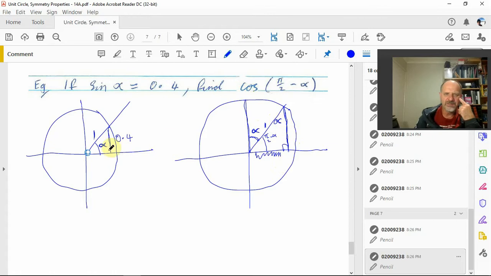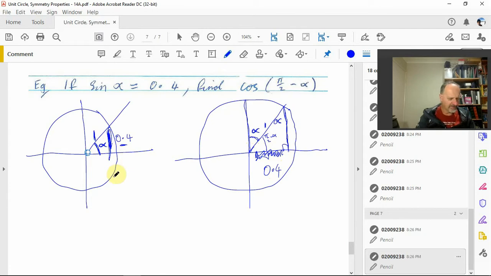So now there's some similarities here between this triangle and this triangle. Over on this triangle, because that's 1 there and that's alpha, the side opposite to the alpha was 0.4. Over here, this is 1 and this is alpha. So the side opposite the alpha, this one, through geometry, should be 0.4.